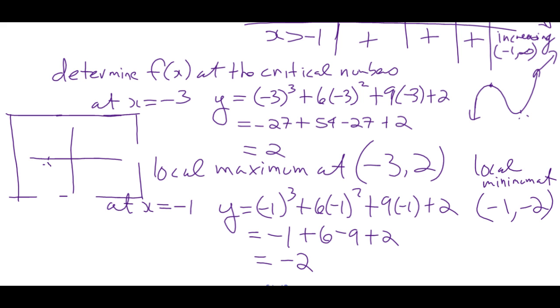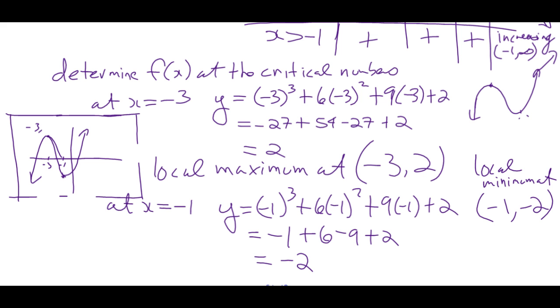Okay, what do we got? We have a -3, we've got a -1, we've got a minimum here, we've got a maximum here. Okay, minorly messed up.